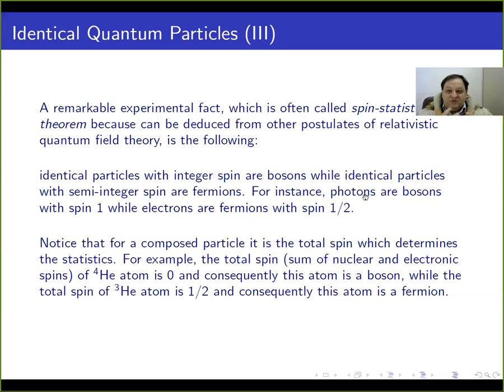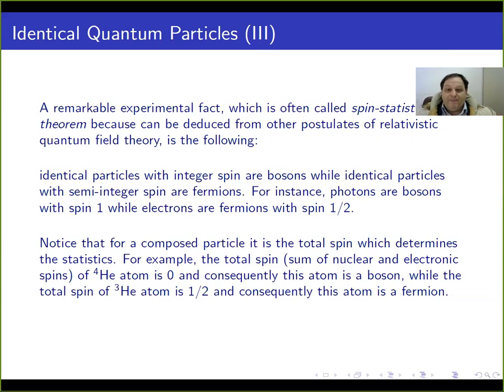If you have a composite particle, like for instance a potassium atom, what is the spin of this composite particle? Well, the spin is in general the sum of the spin of the electrons that surround the nucleus of the atom plus the spin of the nucleus. The total spin is the spin of the effective particle, like an atom.